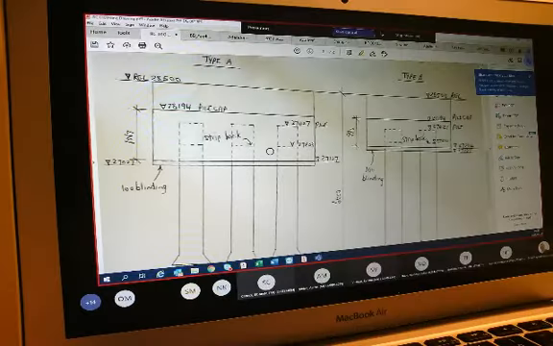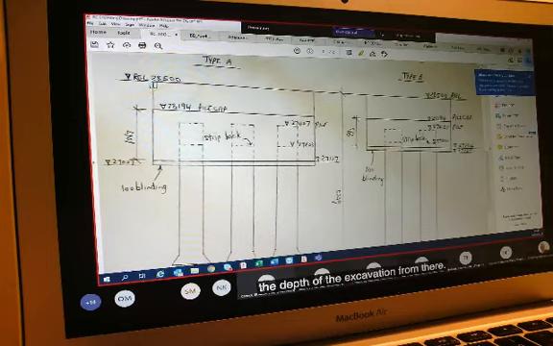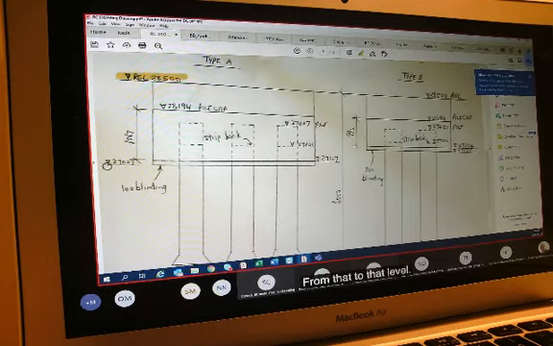The depth from there. Oh, you cannot see my screen. Okay, let me just upload it again. So you don't think you're happy with the depth of the excavation from that to that level?